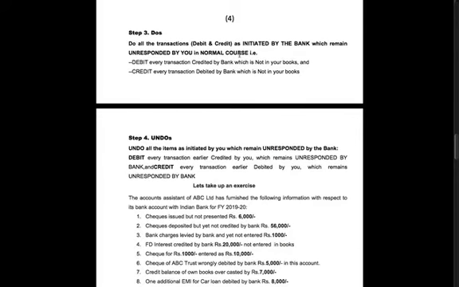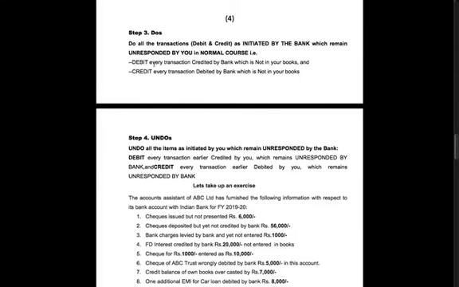Bank charges the bank has levied, you have not entered; this is initiated by the bank. The bank has wrongly credited some other party's amount into your account; it is initiated by the bank. The bank has credited FD interest. A certain customer has directly deposited some amount into your bank. So various types of debit or credit entries might be appearing in the passbook which are not there in your books of account or cash book. Those entries you need to do.